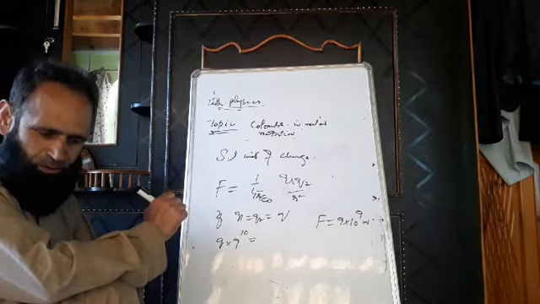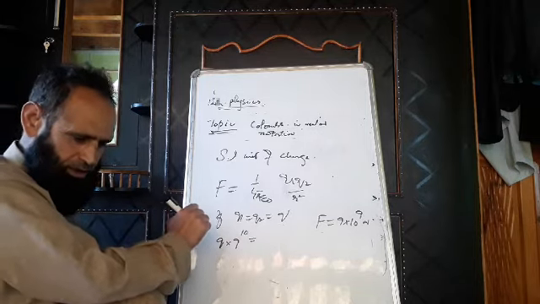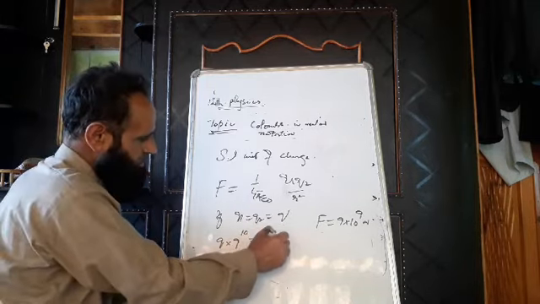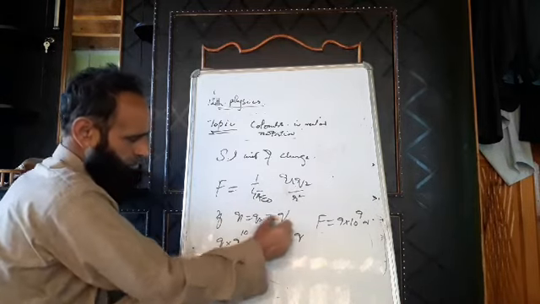So we may use 9 into 10 to the power 9 newtons instead of 1 by 4 pi epsilon naught.